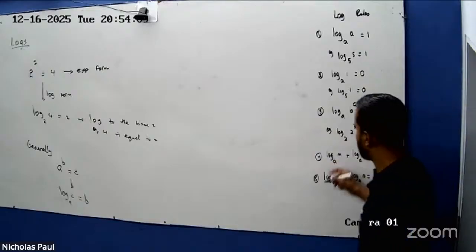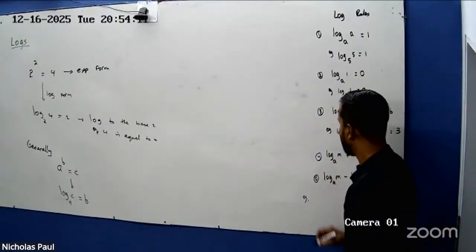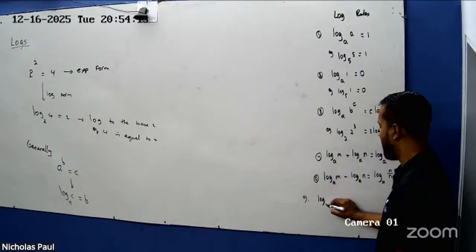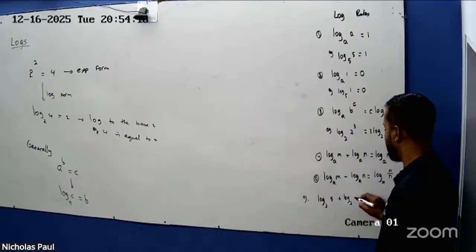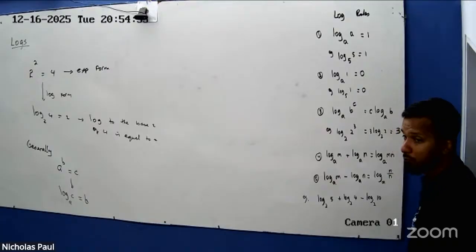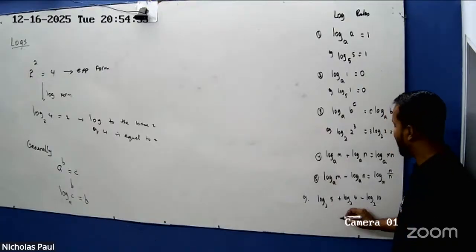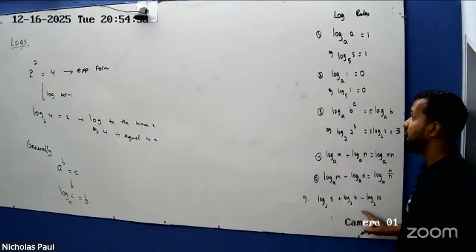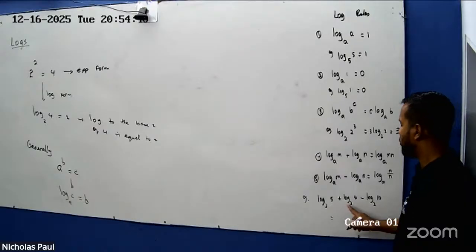I'm going to show you an example to combine these two. If I give you something like this, log to the base 2 of 5 plus log to the base 2 of, let's say, 4 minus log to the base 2 of, let's say 10, right? You could simplify this because they are all to the same base. Base 2, base 2, base 2.